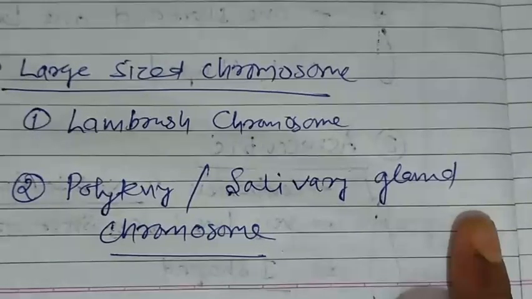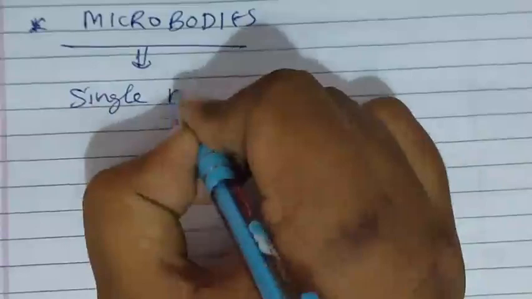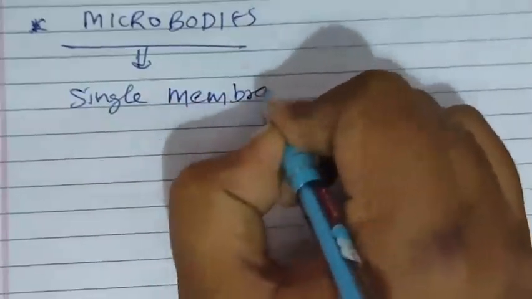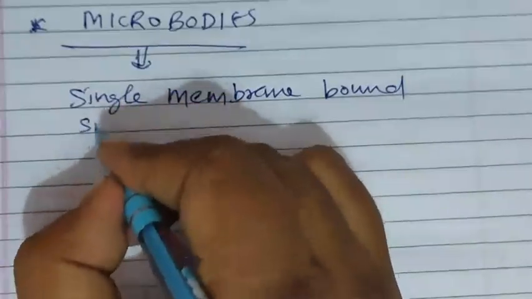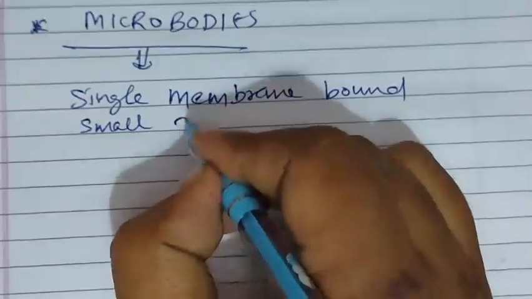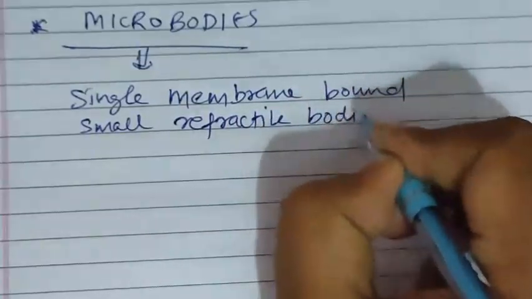Now next, after nucleus, we talk about the last topic, that is microbodies. Now microbodies are the single membrane bound small refractile bodies.